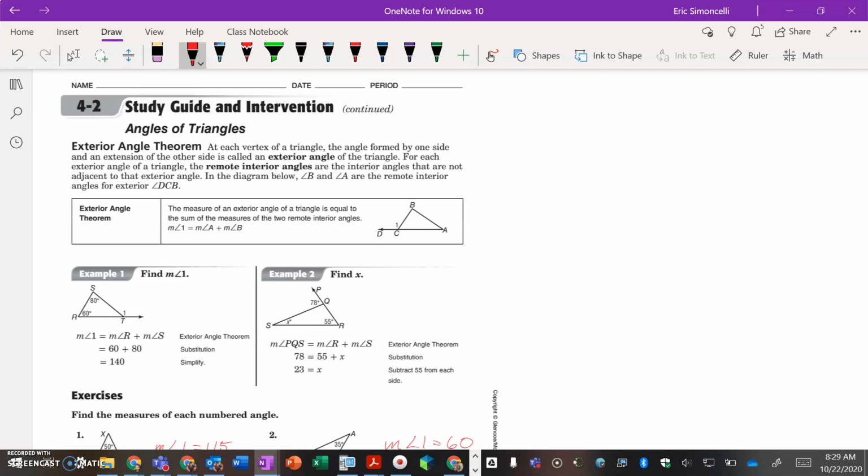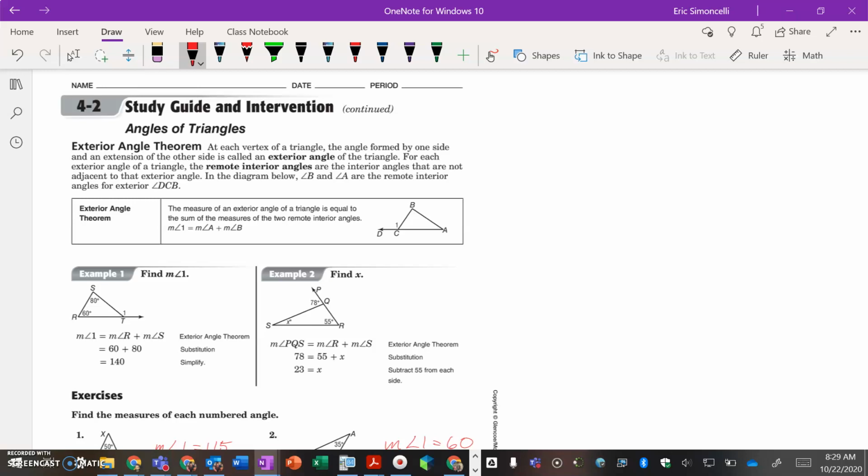At each vertex of a triangle, the angle formed by one side and an extension of the other side is called an exterior angle of the triangle. For each exterior angle of a triangle, the remote interior angles are the interior angles that are not adjacent to the exterior angle.